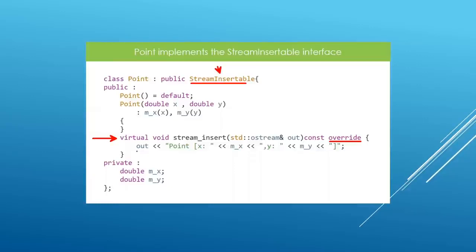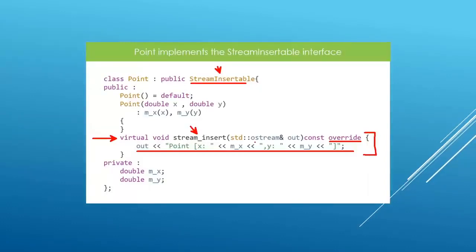You can specify these things here. We're going to format the data in a point, and we're going to be using these square brackets to put mx and my here. And notice that this is an override, so the inheriting class has all the information we need to put in our output stream operator, and we will do that through our stream insert override here.